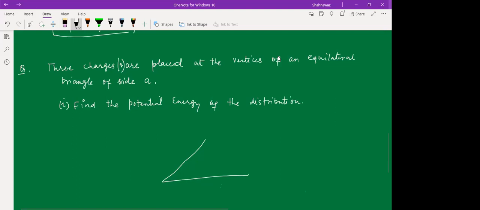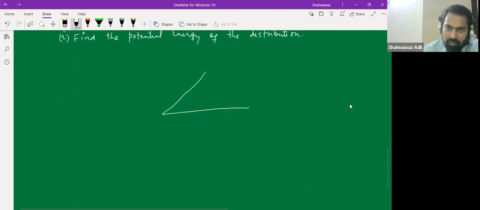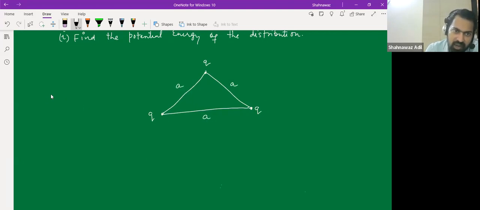Okay, sir. So this is an equilateral triangle, right? This is Q charge, this is Q charge. So the first question is very simple, right? This is A, this is A, this is A. So we have to calculate the potential energy of this distribution.